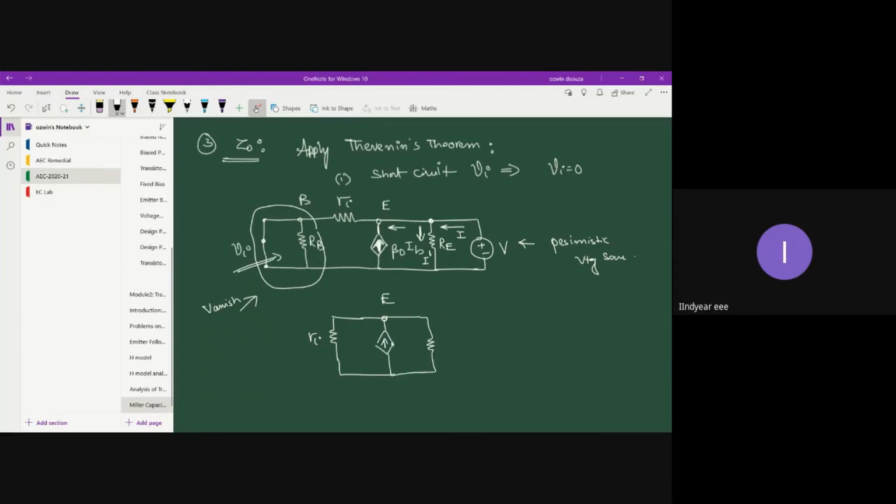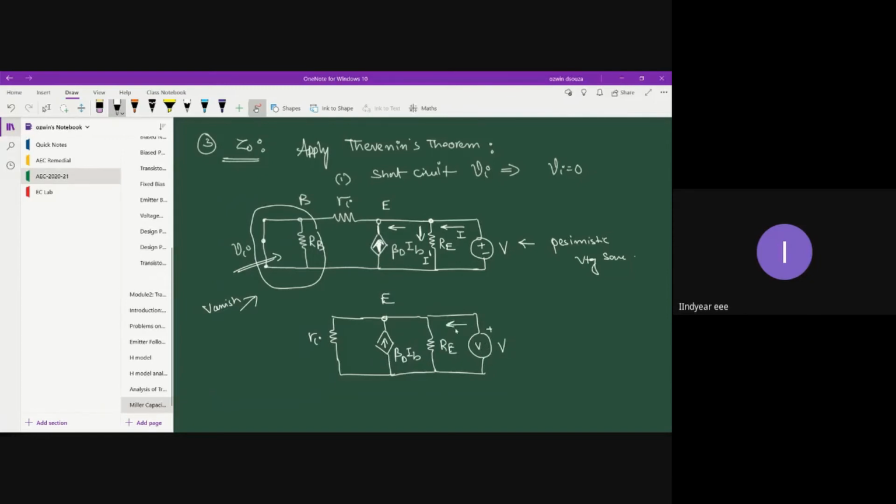This emitter current we have simply replaced with beta D times IB. Strictly speaking, it should have been 1 plus beta D times IB, but for reference, we have taken it as beta D times IB. And this is your RE, and this is your voltage source V, which is connected just for the simplification purpose.